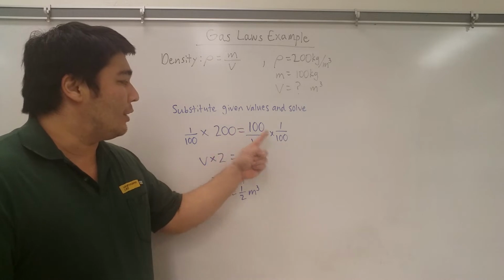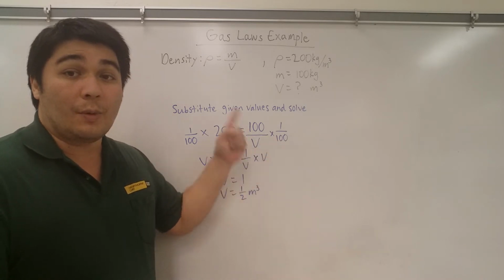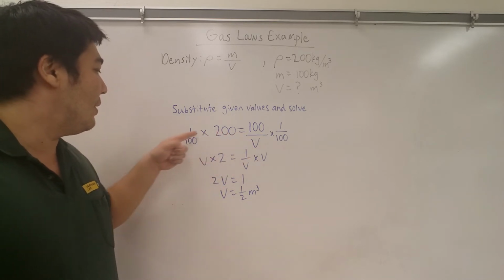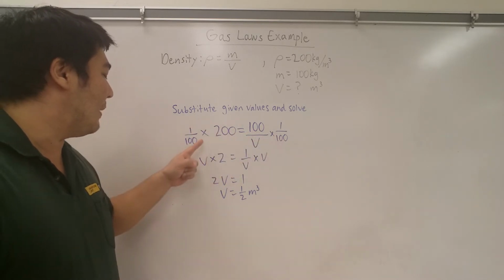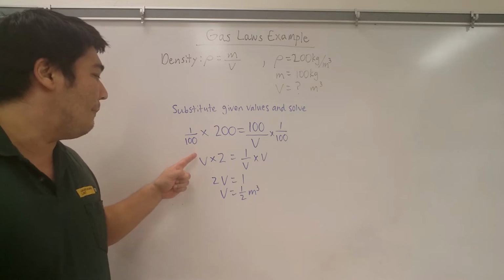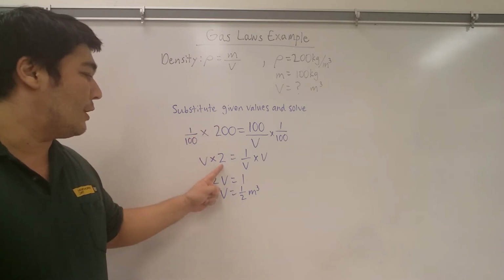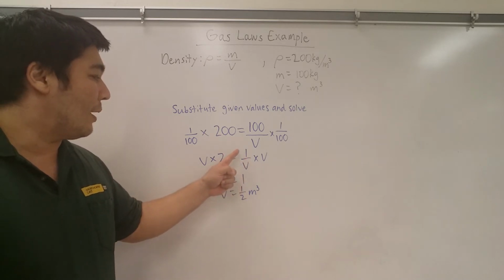So now I've got 100 over 100, and 100 divided by 100 is 1. That's great. Now we do the same thing to both sides of the equation, multiplying by 1 over 100. That becomes 200 over 100, which is 2, and then we've got 1 over v.